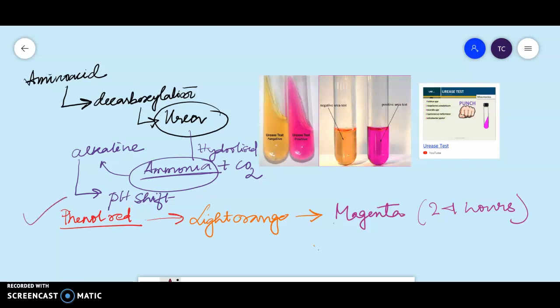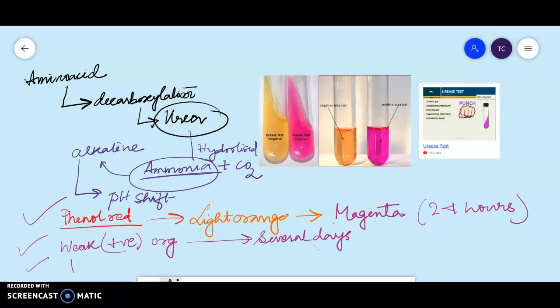So these are the strong positive organisms, but there are certain weak positive organisms also. What does this weak positive organism do? They will also do the same thing, but they will take several days to bring about this particular result. Whereas the negative organism produces no color change or yellow as a result of acid production.